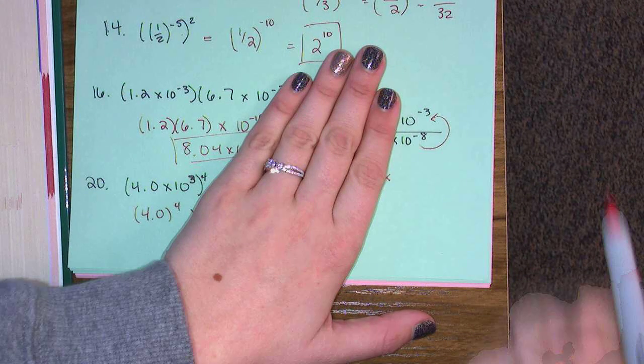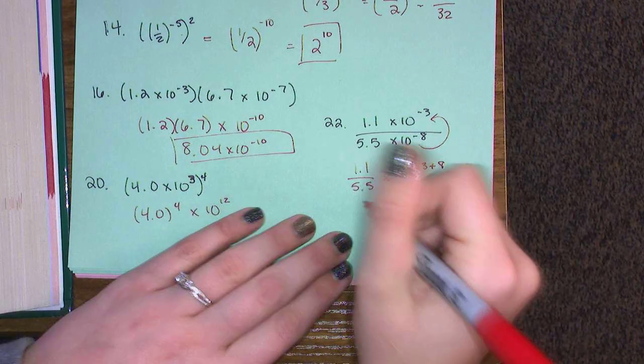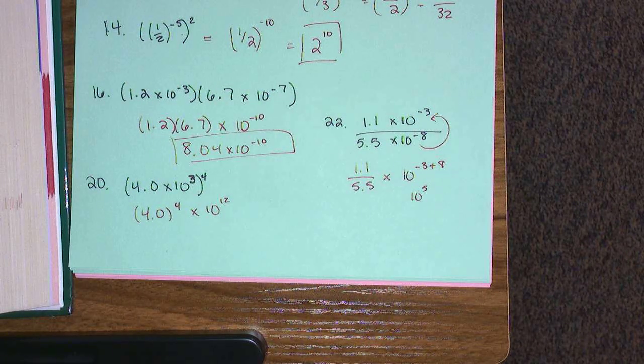So this is going to be 10 to the negative 3 plus 8, or 10 to the 5th. We always want to move it to the top with the ones that are fractions like that. Okay, does that make sense?